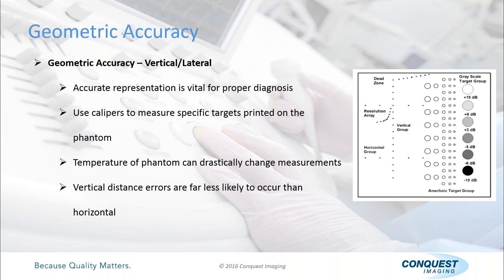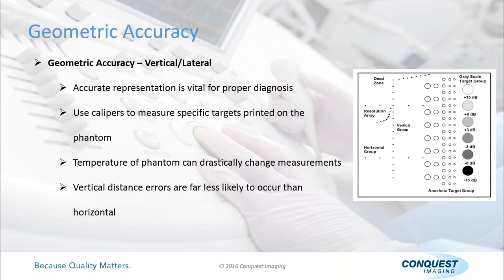So if you're getting inaccurate measurements, make sure that your Phantom is at room temperature, and if it's not quite at room temperature, then continue on with your preventative maintenance or do some other troubleshooting while your Phantom gets back to room or close to room temperature, and see if that affects your measurements.